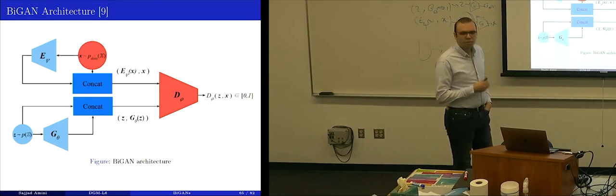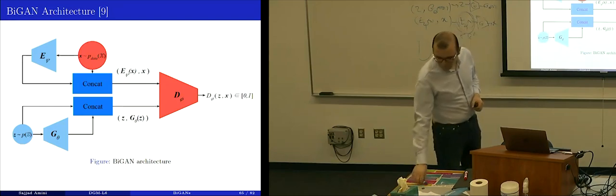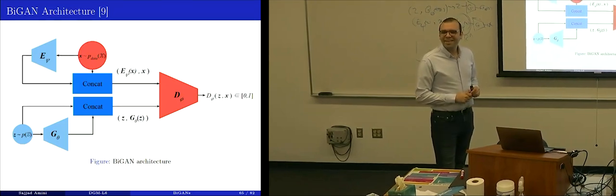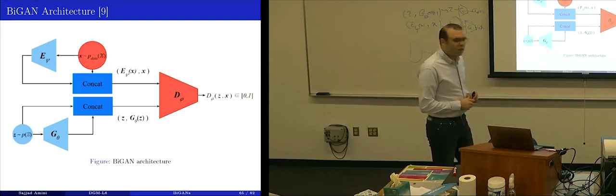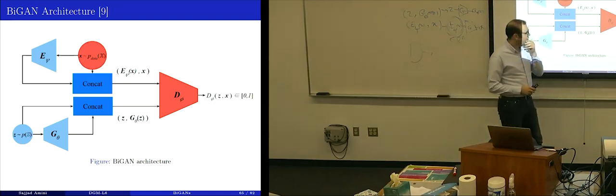I don't understand how it can discriminate. It can focus on making the x and the G of theta very similar, but how can it focus on making the z and E of psi similar at the same time?